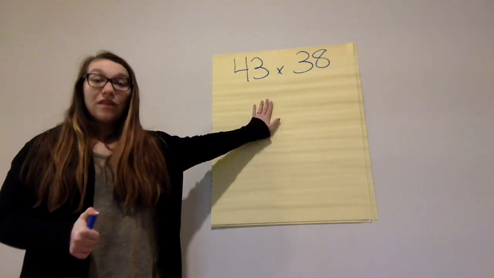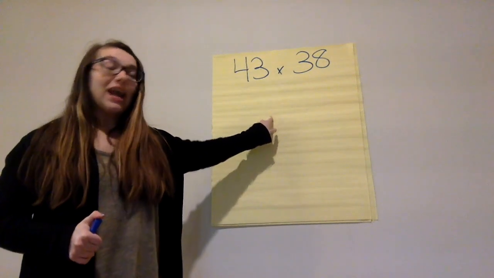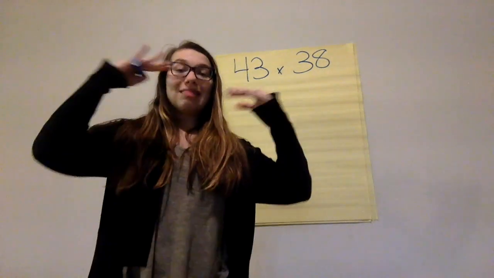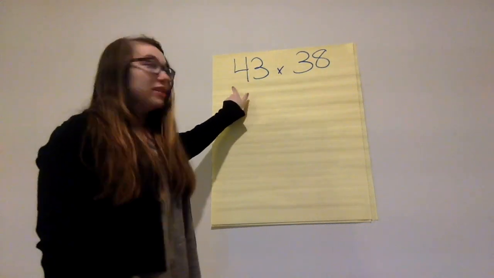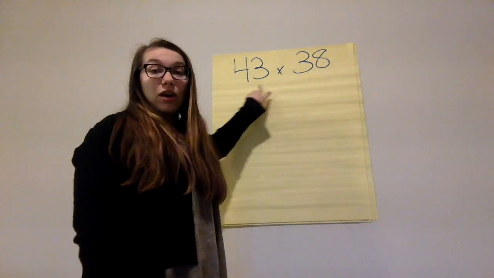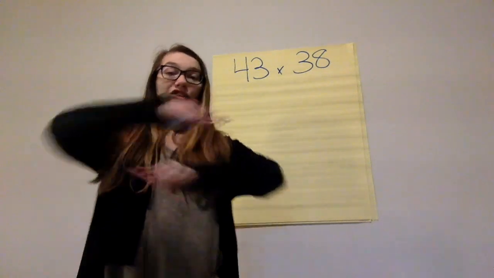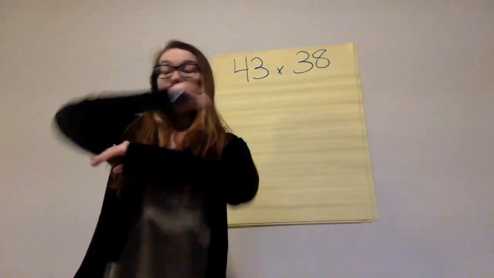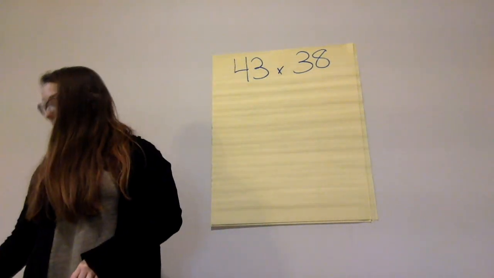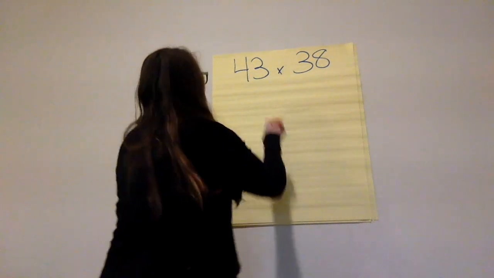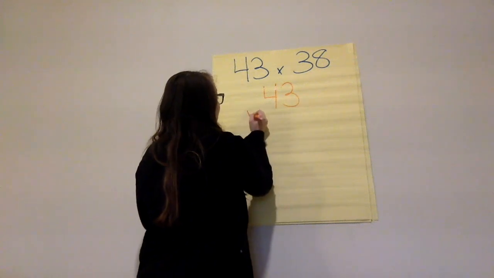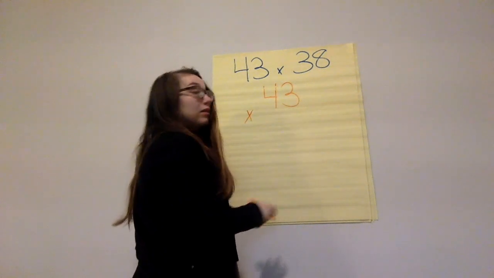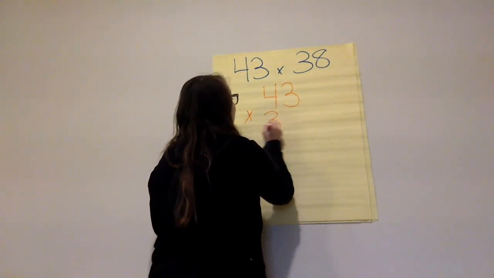The first step with standard algorithm is that we are lining up our numbers, okay? Unlike partial products where we left our numbers looking like this, we are actually going to line them up, one on top of the other. In this case, we have 43, and we're multiplying by 38.